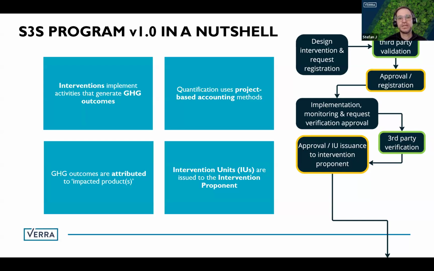Those interventions are quantified using project-based accounting methods that compare baseline versus project scenarios to establish the greenhouse gas impact of that intervention. Those outcomes or impacts are then attributed to impacted products in a company's supply chain.